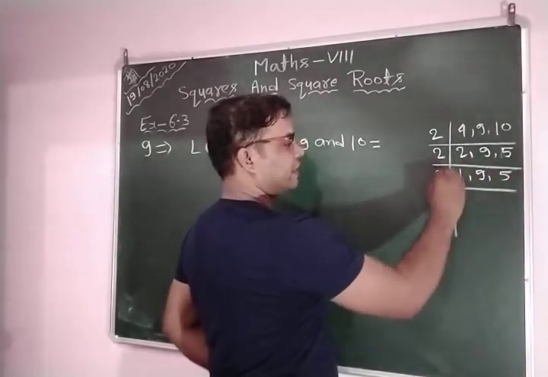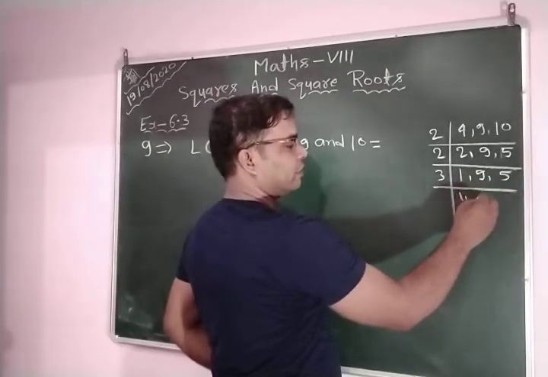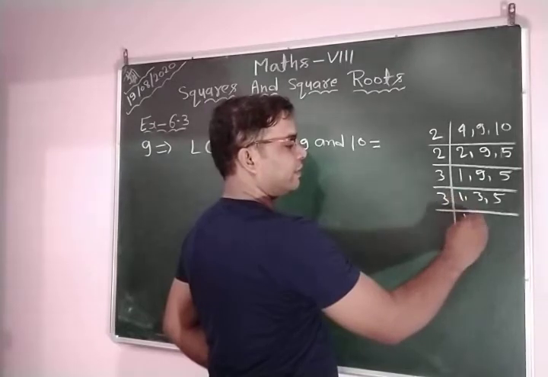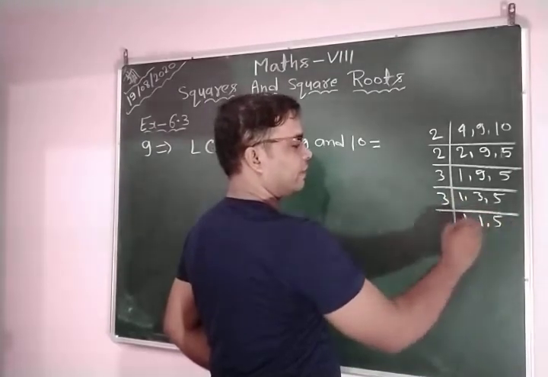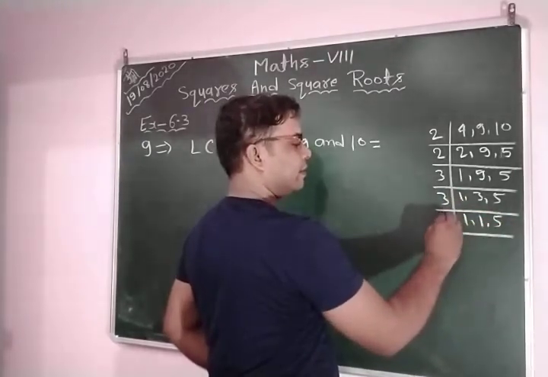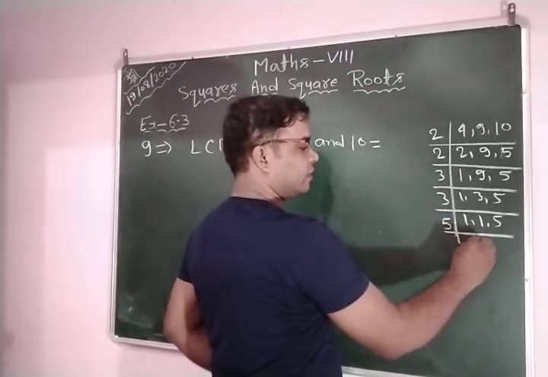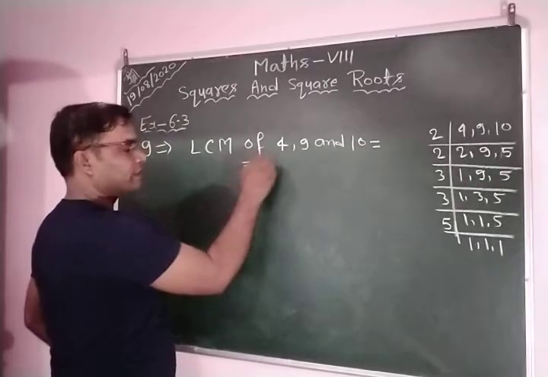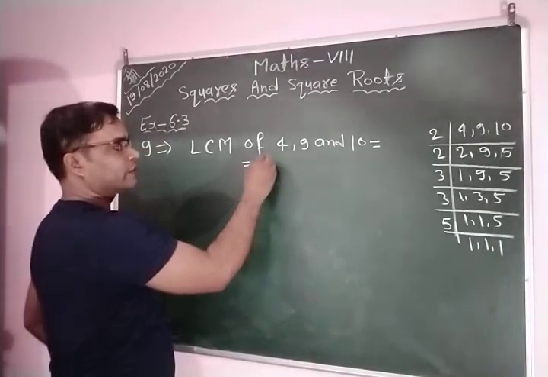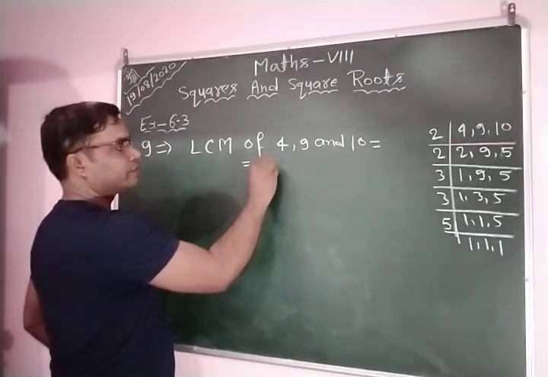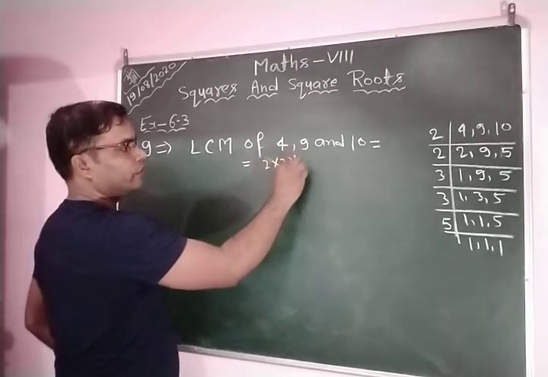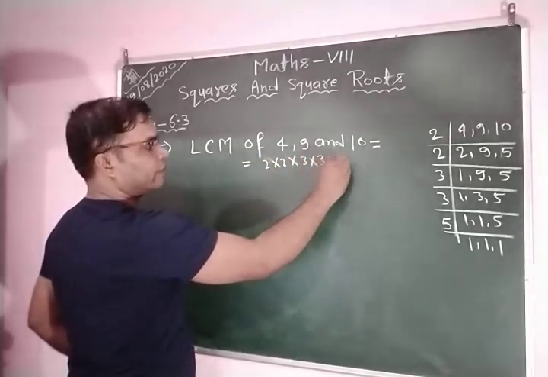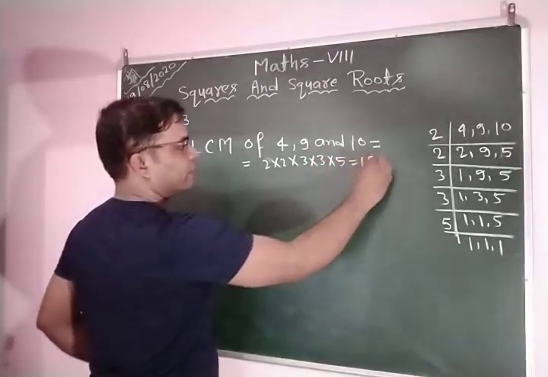Again we take 3 because 9 divided by 3 gives 3, and so on until we get 1, 1, 1. So the LCM is 2 into 2 into 3 into 3 into 5, which is equal to 180.